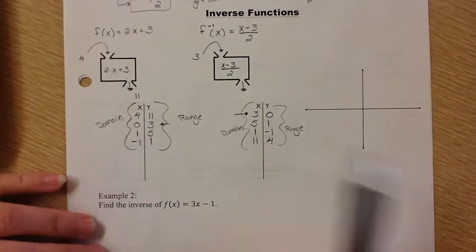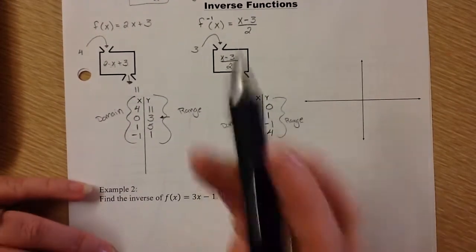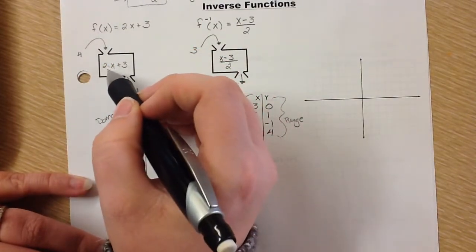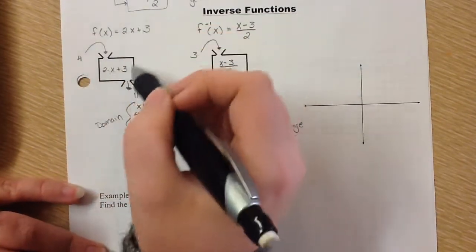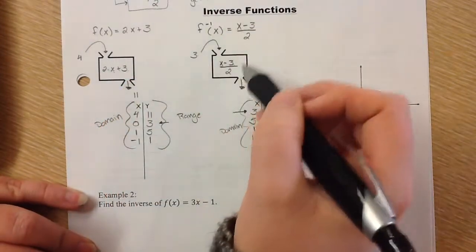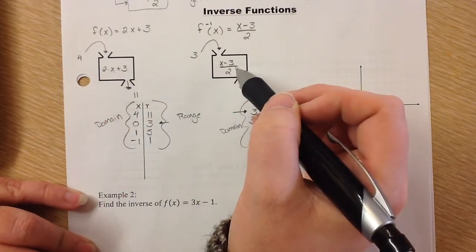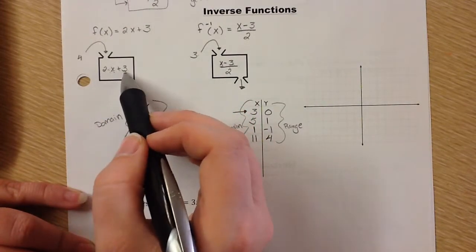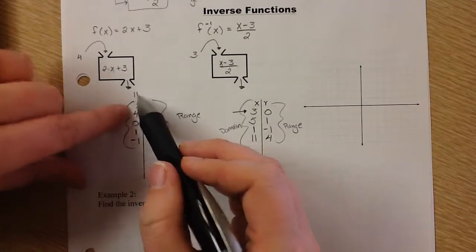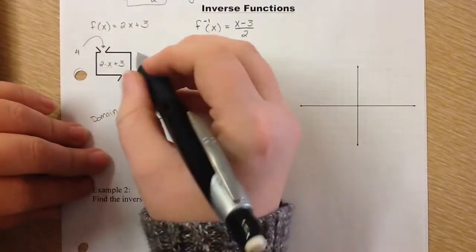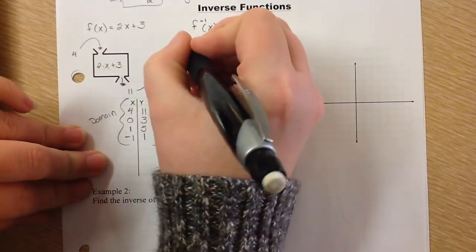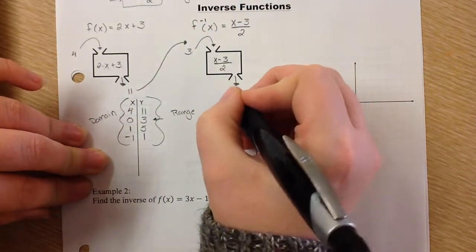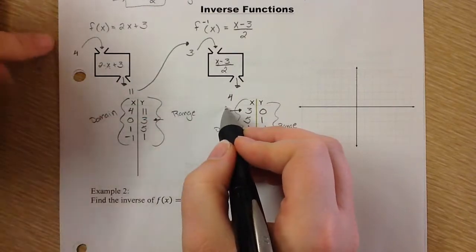The domain became the range, and the range became the domain. Okay? So I always like to think of these inverse functions this way: what the function does to a number, the inverse undoes. Here, this took 4, multiplied it by 2, and added 3. It got me out an 11. If I put this 11 into here, it's going to spit me out the 4, back to where I started.